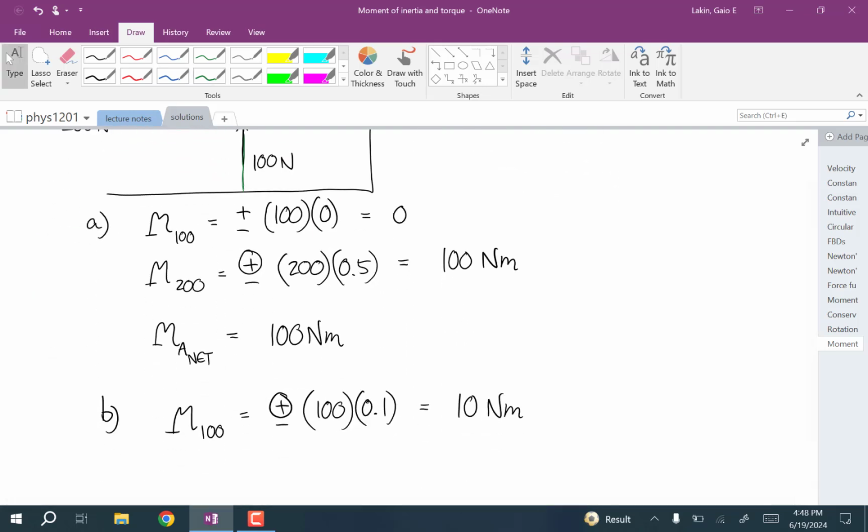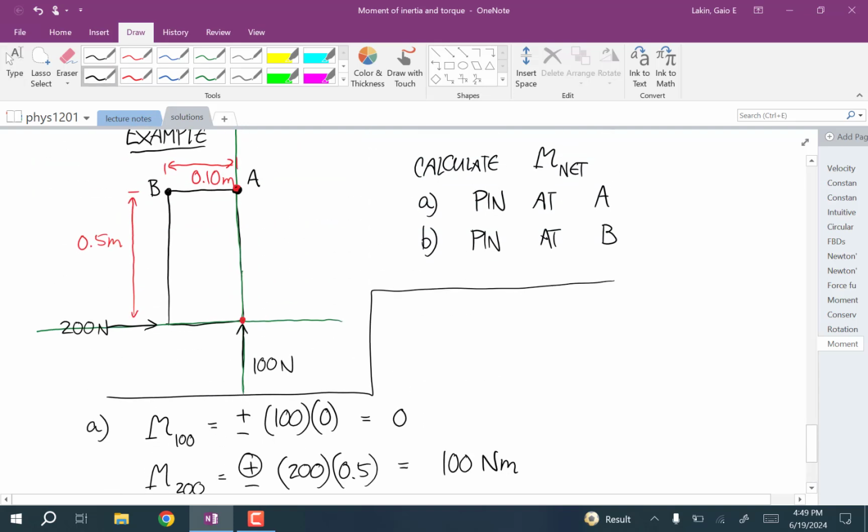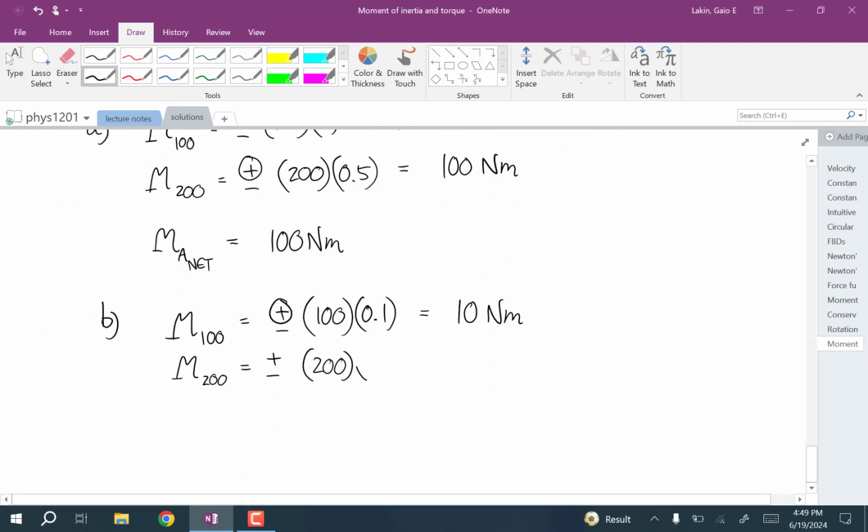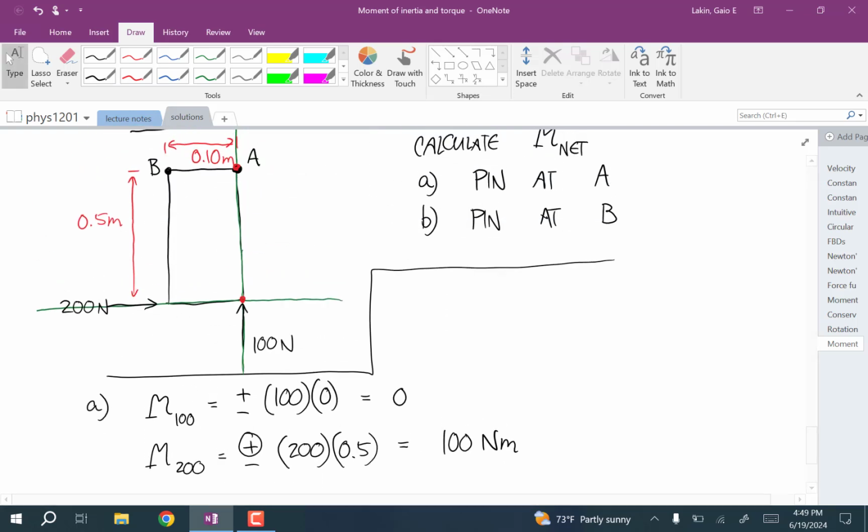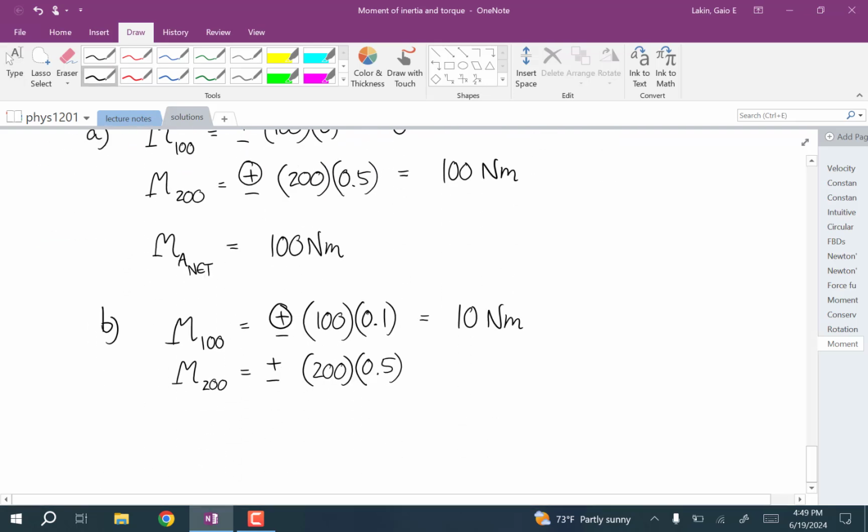And so we have the torque produced by this 200 Newton force of plus or minus a force of 200 times a distance of 0.5. That 200 Newton force would produce a counterclockwise rotation of this body around that hinge at B. And so this is positive, and we get positive 100 Newton meters.